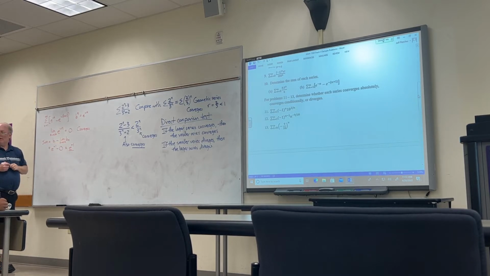We found that the limit of e to the negative n is 0, so this limit is 0. And e to the negative 1 is the first term of the sequence.